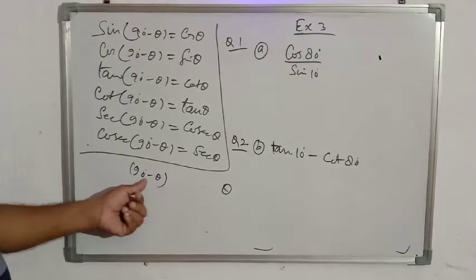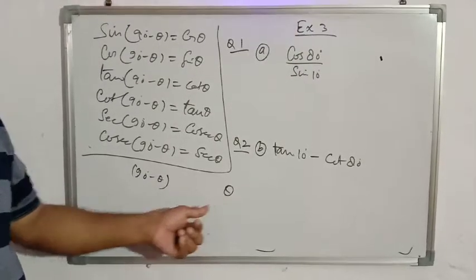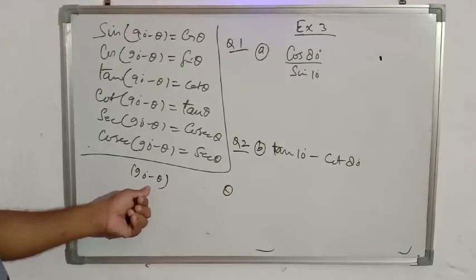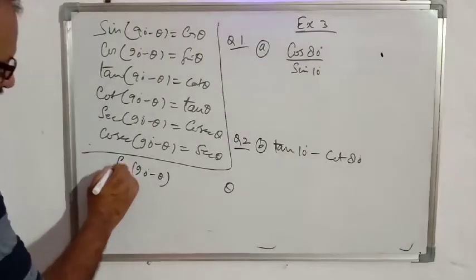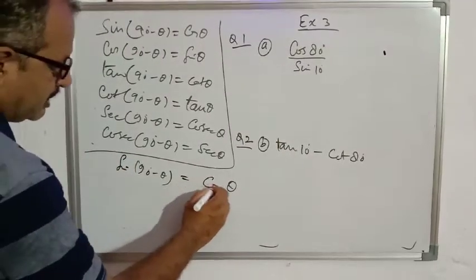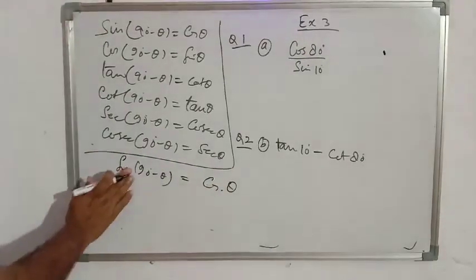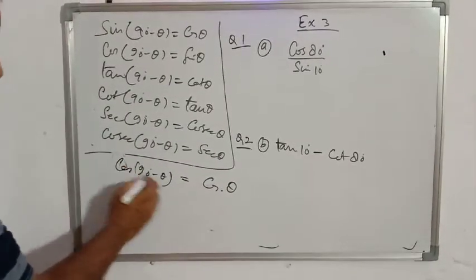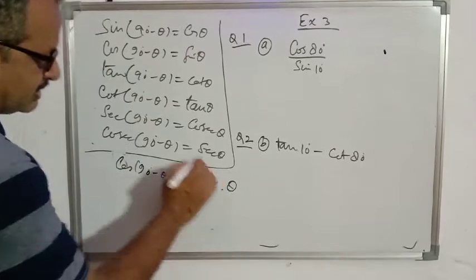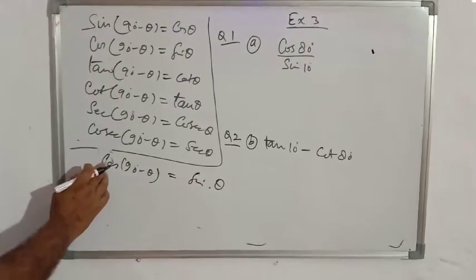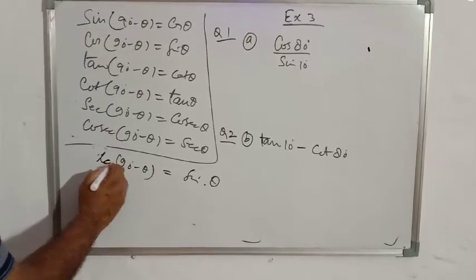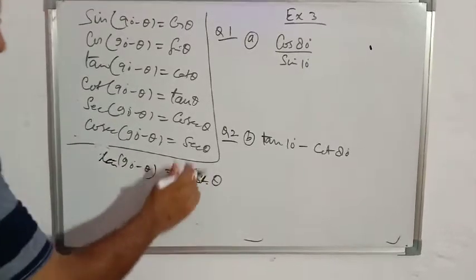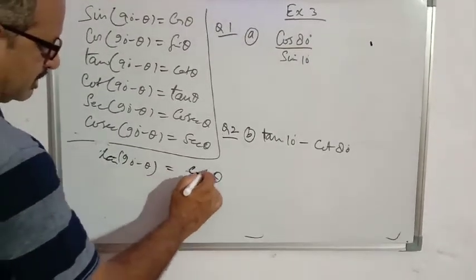If two angles are complementary, then sine of one angle will be equal to cos of the other angle. It means sin 90 minus theta is cos theta, or cos 90 minus theta is sin theta, or tan 90 minus theta is cot theta.